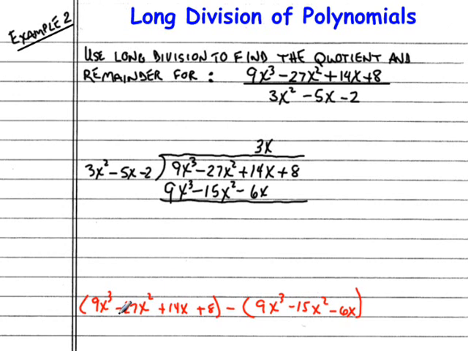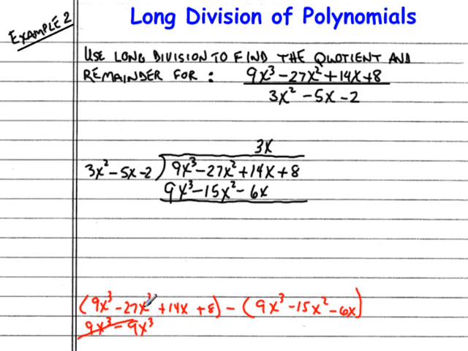Now we know that we would distribute this negative sign, but let's think of reading this as 9x cubed in the first polynomial, subtract the 9x cubed that's here. 9x cubed subtract 9x cubed, which of course is 0, and we don't write down a leading 0. So those add out.